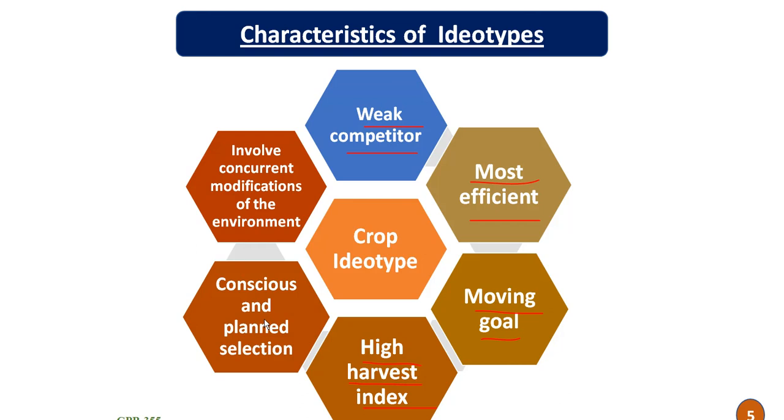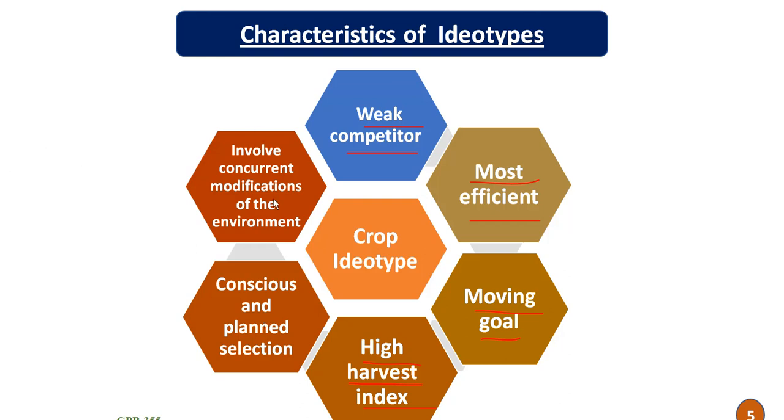The crop ideotype involves conscious plant selection, because a crop ideotype bears plants which may be overlooked in the process of visual selection from the segregating generation, so it should be planned accordingly.